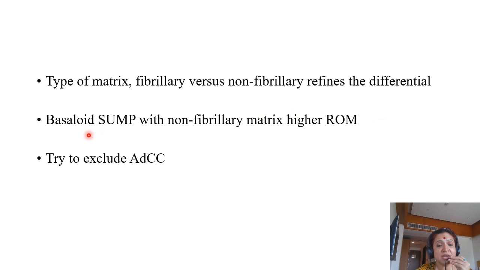And basaloid SUMP with non-fibrillary matrix hence carries a higher risk of malignancy and try to exclude adenoid cystic carcinoma, although it may not always be easy.